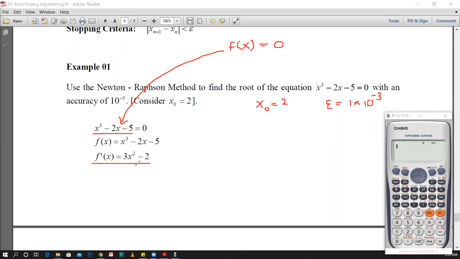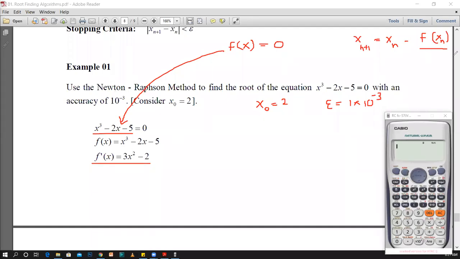Therefore, we can get f dash x as 3 times x squared minus 2. This is because we know that xn plus 1 is equal to xn minus f(xn) divided by f dash xn.